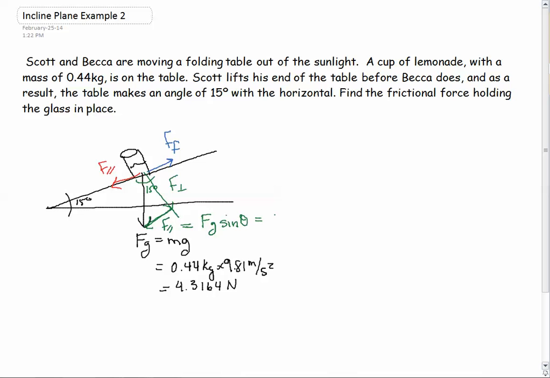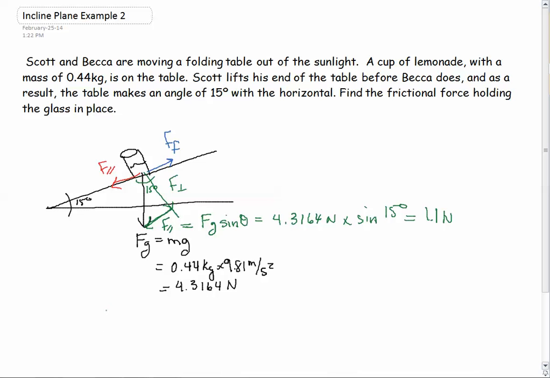So we take our weight, which is 4.3164 newtons, we multiply it by the sine of 15 degrees. We calculate that and we come up with a force of 1.1 newtons.